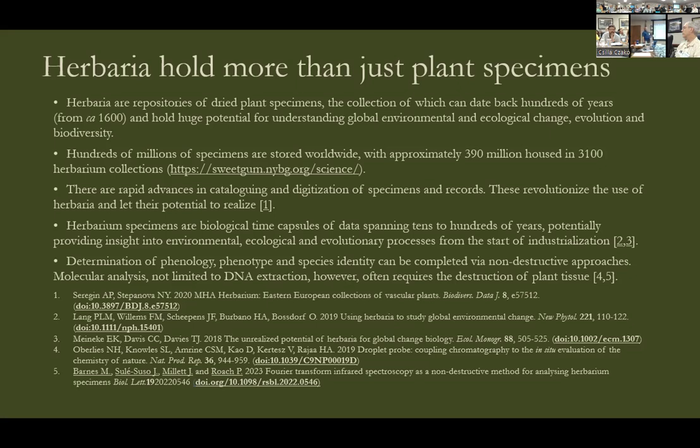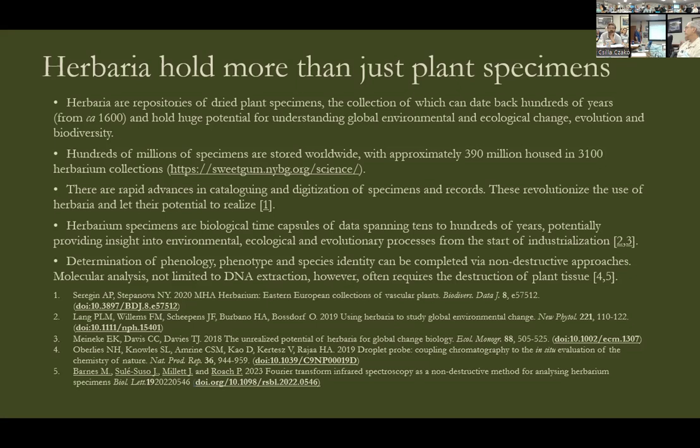Some things can be easily read from just the specimen itself, the phenology or the species identity, and you don't need to destroy anything. But here comes the definition of destructive sampling, because getting to the DNA, which also holds information on these changes, requires a little bit of destruction, but not of the whole specimen.